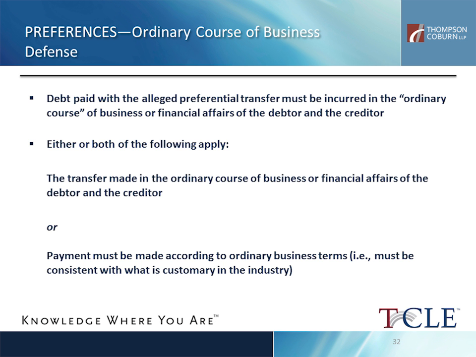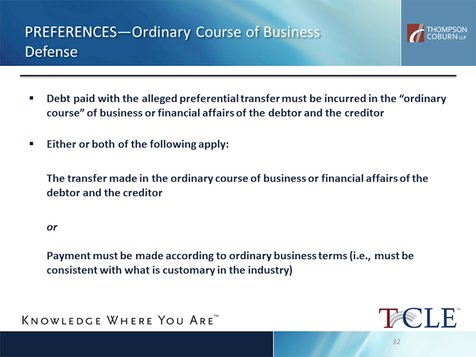And if you can make that showing, that's an alternative way of satisfying that element. And so if you establish that a payment's in the ordinary course, it will be fully protected from avoidance as a preference.